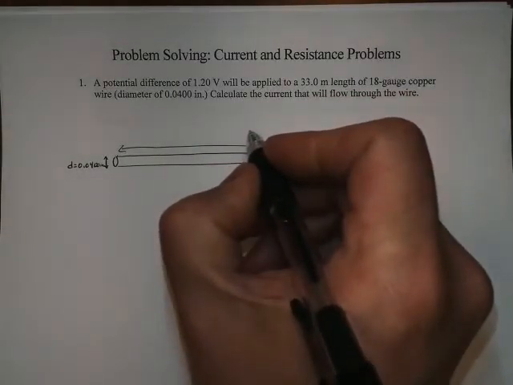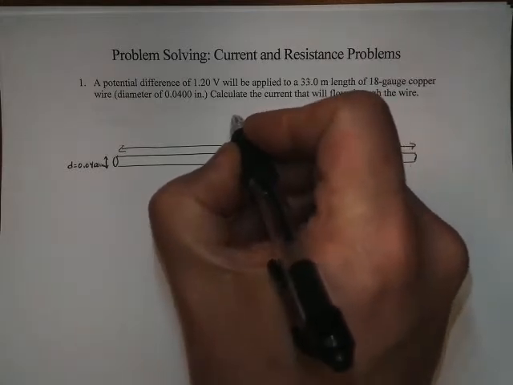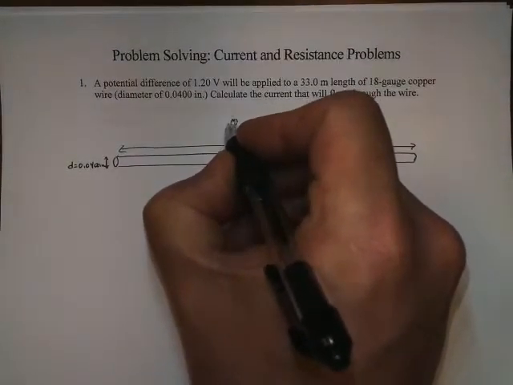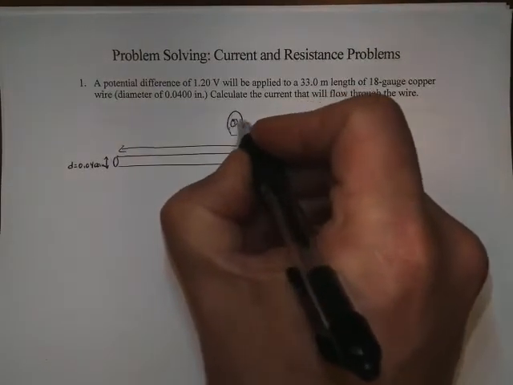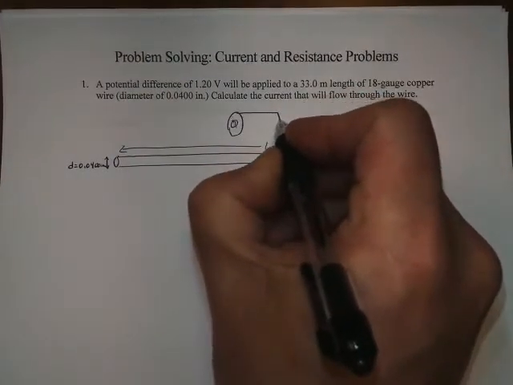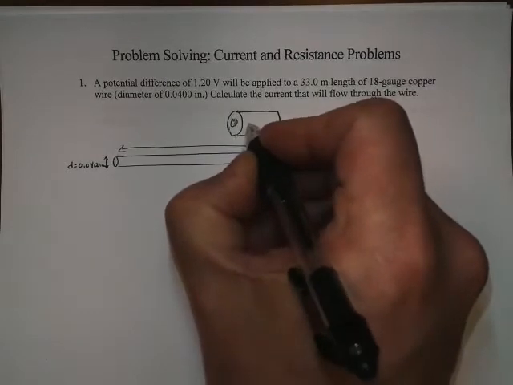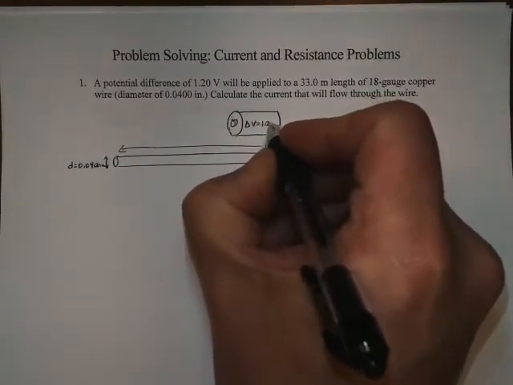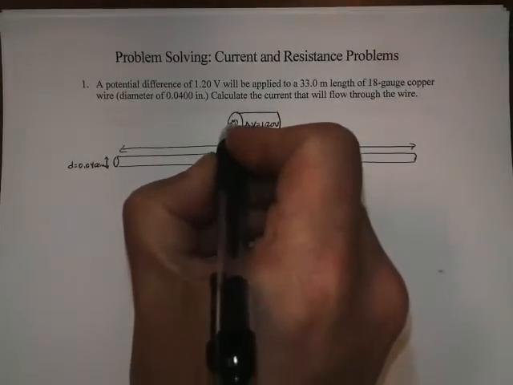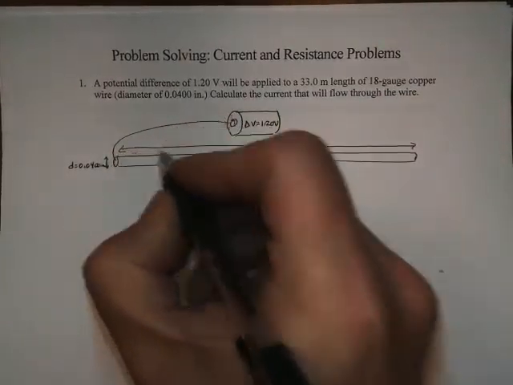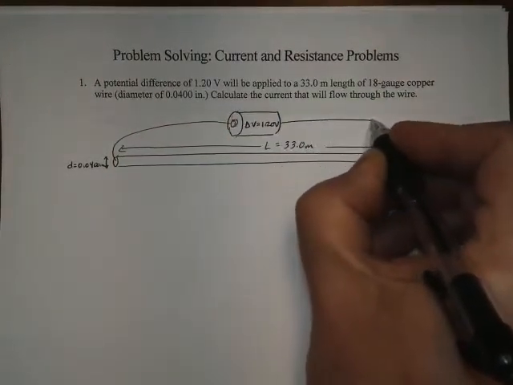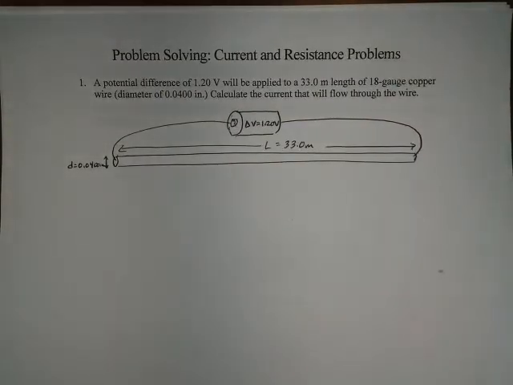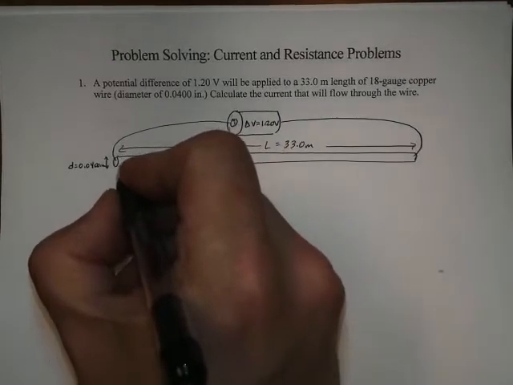And then we're applying a potential difference of 1.2 volts to it. So we could imagine, for example, that we had a 1.2 volt battery, and we connected it to each end of this wire. How much current will flow through the wire?